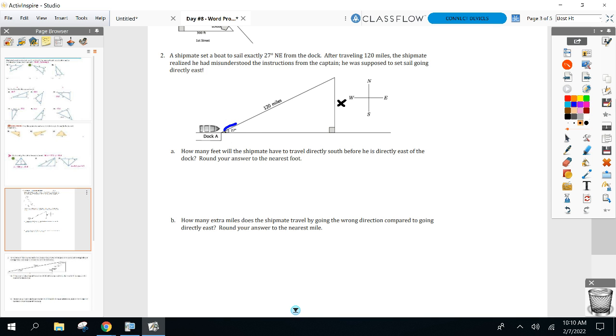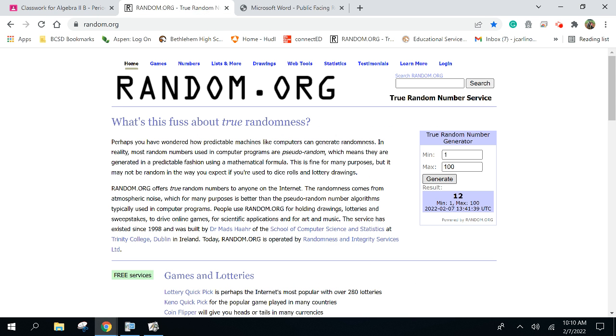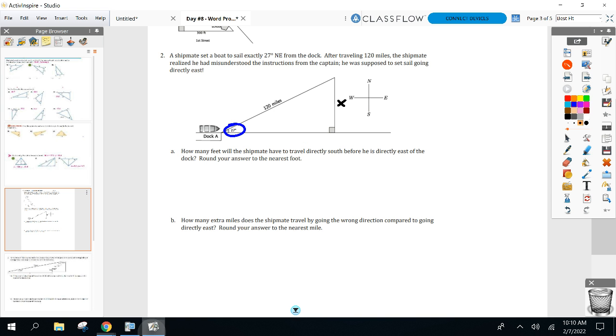We go from 27. I'm going to need somebody right now to tell me what the X and the 120 is for me. The opposite. Yep. And 120 is the hypotenuse. There you go.